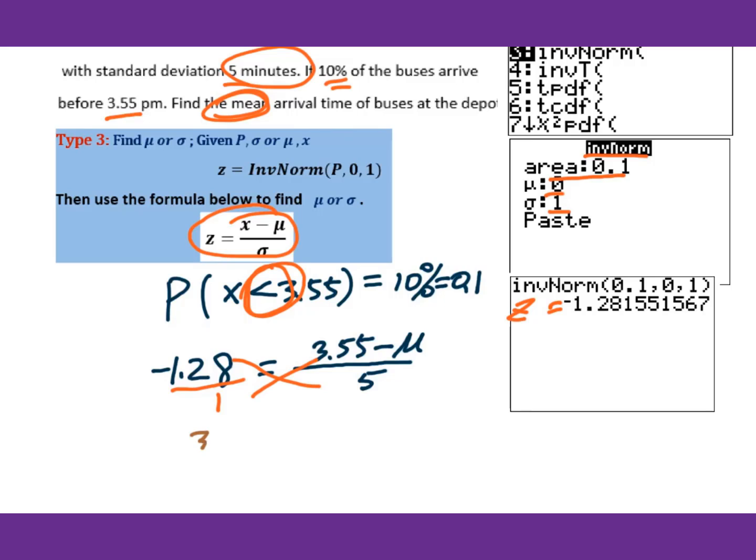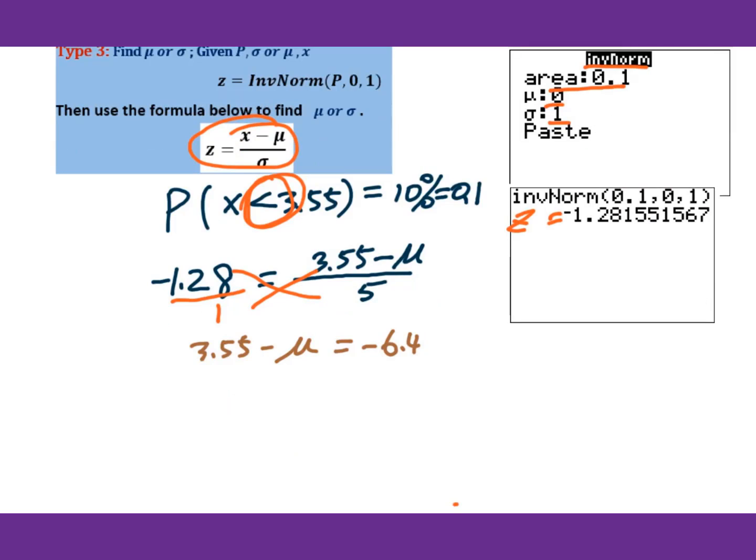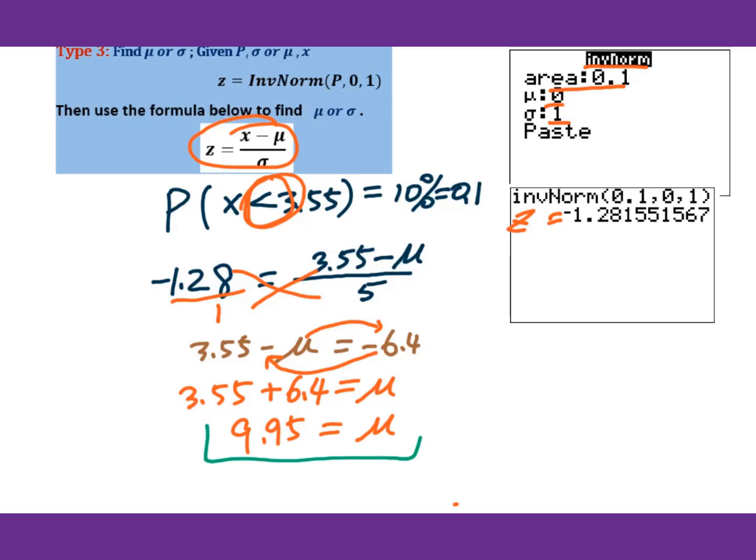And you will get 3.55 minus mu equals this product. Then for this mu, you will get 3.55 plus 6.4. That's mu equals 9.95.